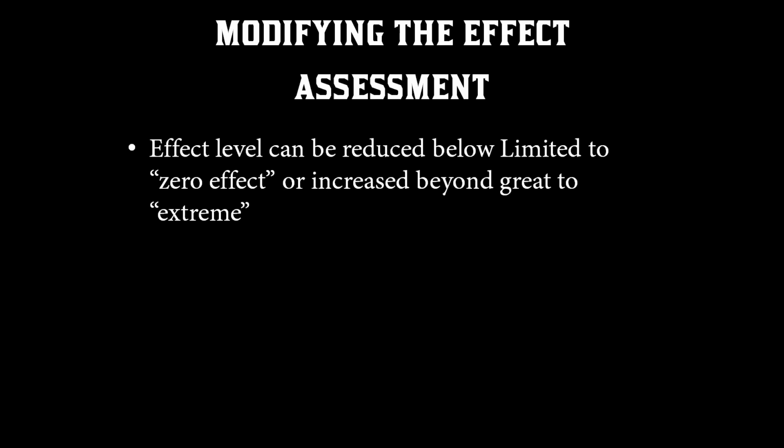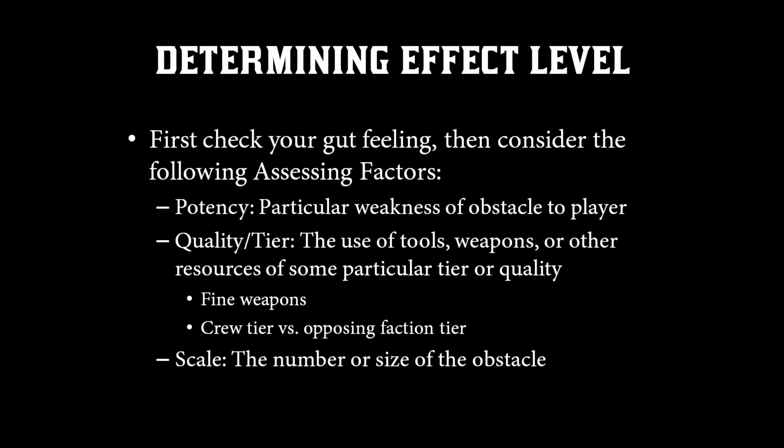Alright, so next we get on to modifying the effect assessment. The effect level can be reduced below limited to 0 effect or increased beyond great to extreme effect. So as we said, these kinds of assessing factors can alter the effect assessment.